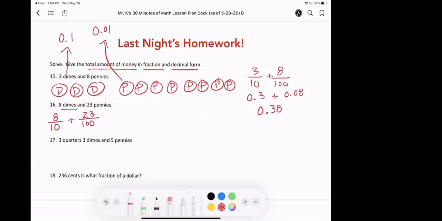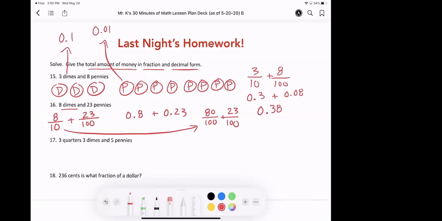Or I could do it 0.8 plus 0.23. By the way, we know that 8/10 is the same as 80/100ths, which should make sense because 80/100ths would be 80 pennies. 80 pennies is the same as 8 dimes, 8/10. So it all makes sense. And then we have 23/100ths extra.